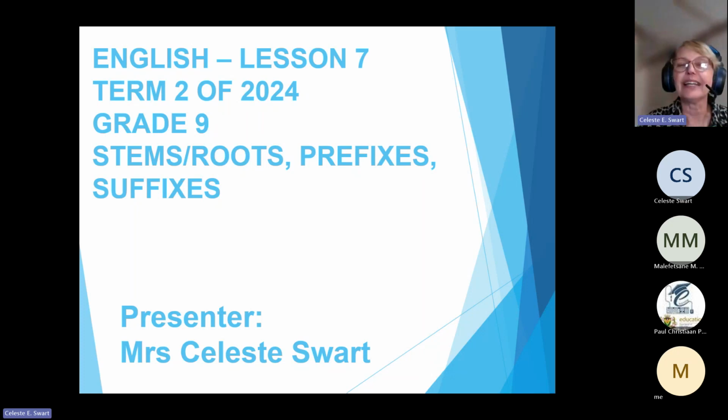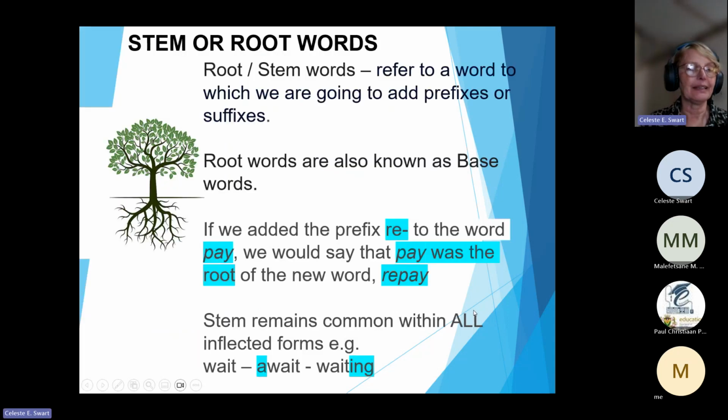Now, I'm going to try and keep it as uncomplicated as possible. So let's have a look first of all. When we speak of a stem or root word, we also think of it as the base word, and it refers to a word to which we are going to add a prefix or a suffix, or we can add both.